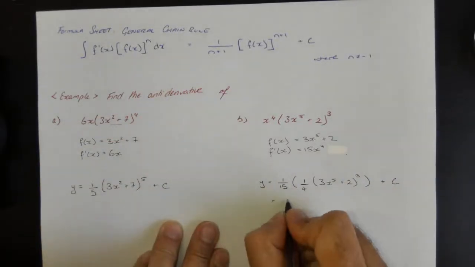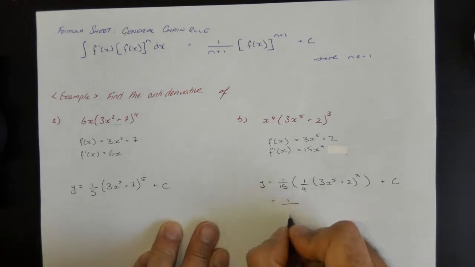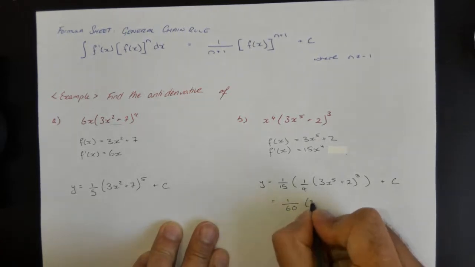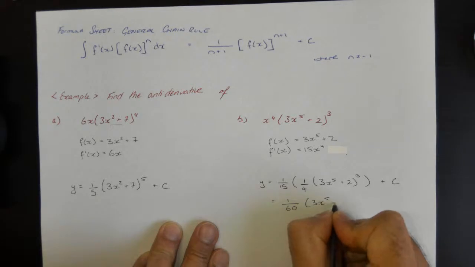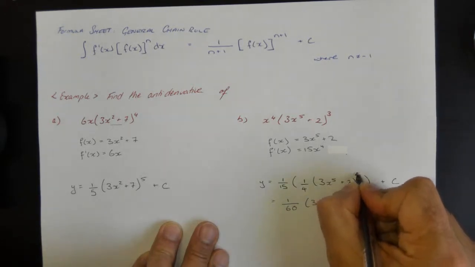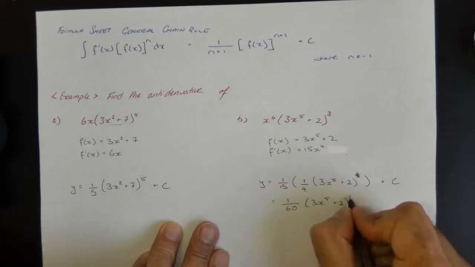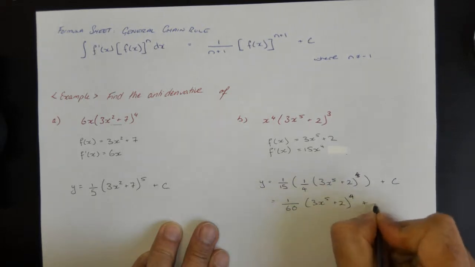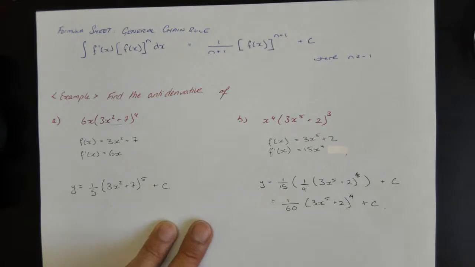Cleaning this up, we get 15 times 4 is 60, (3x to the power of 5 plus 2) to the power of 4, plus c. Okay. And that's it.